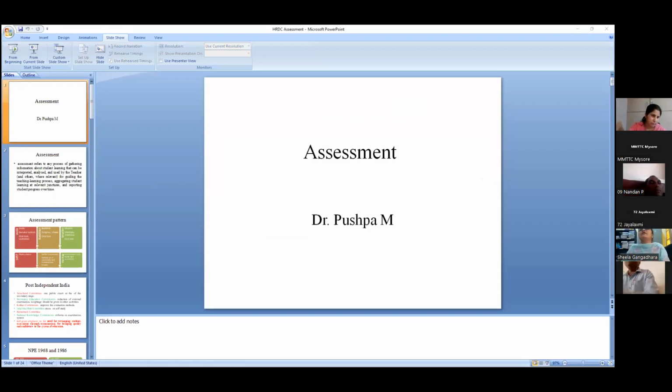This is the first slide about assessment. And I had discussed the assessment pattern throughout different periods of the education system.